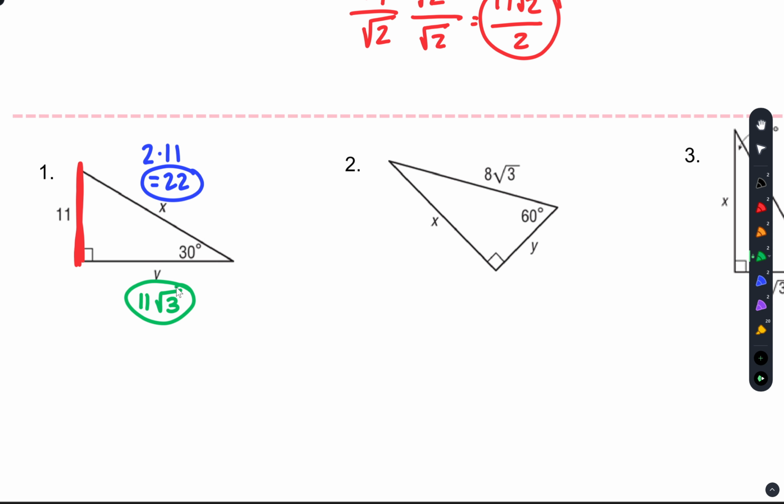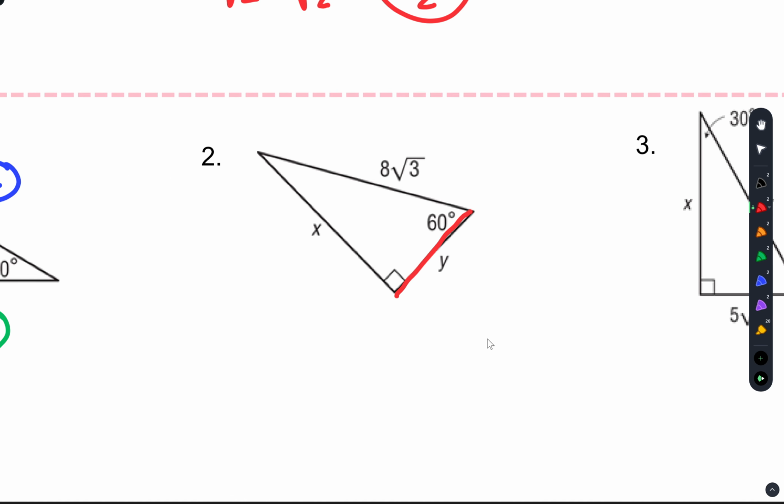Well, what happens when I don't have the short leg? What happens if I start with the hypotenuse? Our process is essentially the same. We have to get the short leg first so that we can find that long leg afterwards. So if I'm starting with a hypotenuse of 8 radical 3, I know to get to the hypotenuse, I multiply by 2. So to get backwards from the hypotenuse, I need to divide by 2.